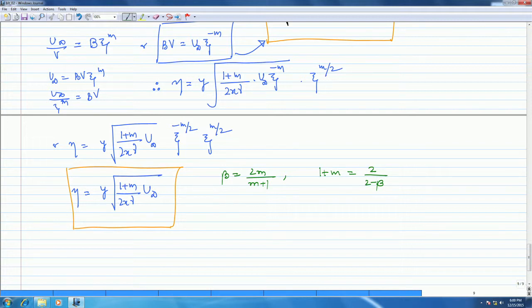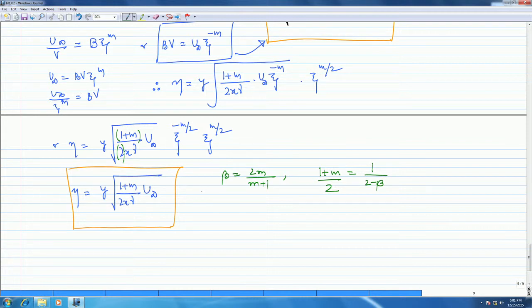So 1 plus m here, I can write that as 2 by 2 minus beta. Or 1 plus m by 2 is equal to 1 by 2 minus beta. I think that's better. So 1 plus m by 2 is equal to 1 by 2 minus beta.